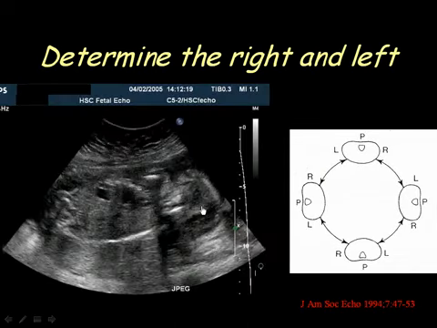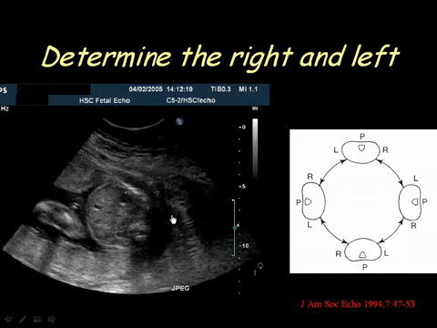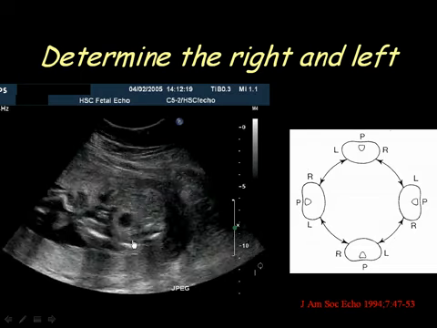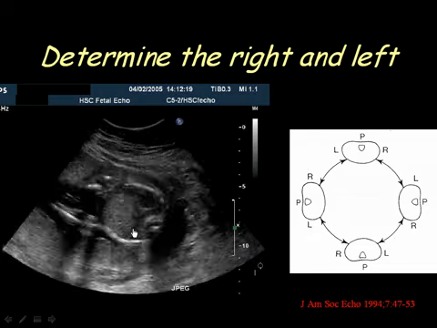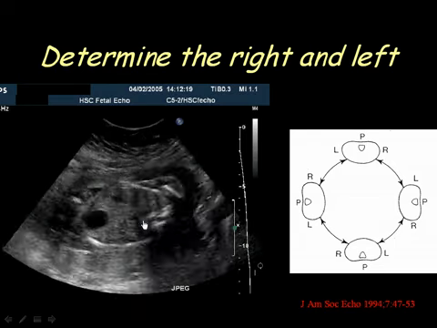Here the fetus is in longitudinal position with the head towards the left of the screen in front of you, and it doesn't matter where the sign is here, and it doesn't matter also where the marker of the probe is. This is the beauty of this article. And then here we see we are rotating 90 degrees, and then we look at the images.